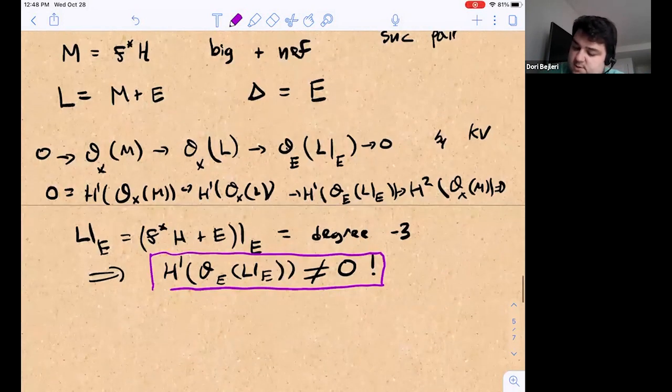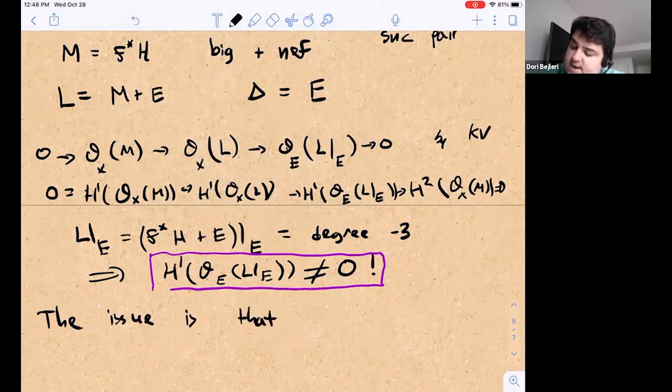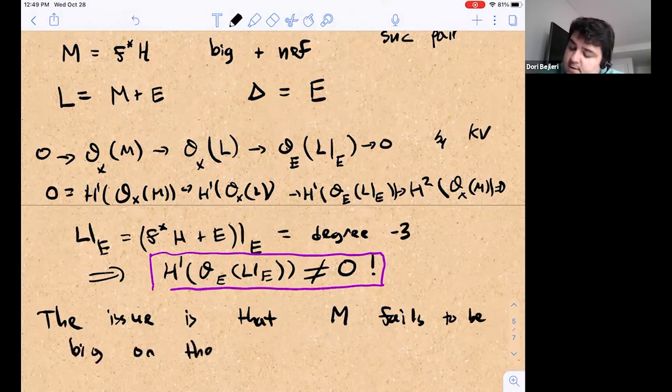So the issue is that M fails to be big on the non-KLT centers.